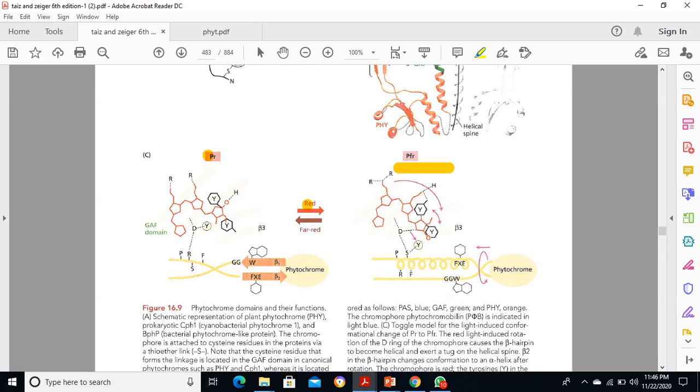The non-protein part of the phytochromobilin will undergo certain conformational changes during the conversion of PR to PFR using red light. Initially it exists as 15-cis linear tetrapyrrole.